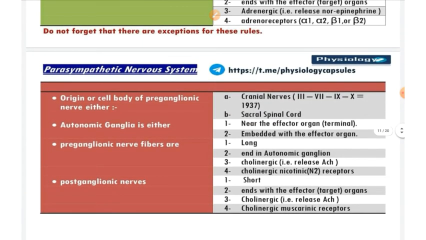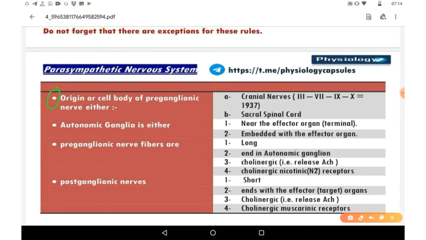While for the parasympathetic nervous system, the origin of the cell body is craniosacral. The cranial nerves, as a shortcut, 1937: cranial nerve number 3, number 7, number 9, and number 10, and the sacral spinal cord, 2, 3, 4. Autonomic ganglia are near the effector organ and embedded within it.